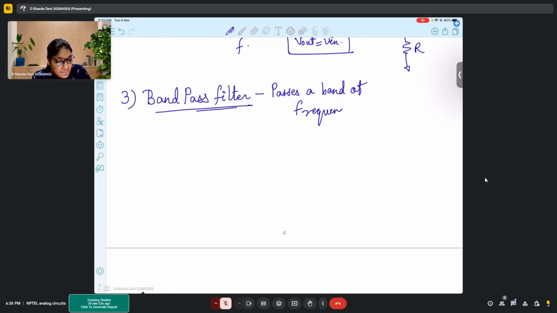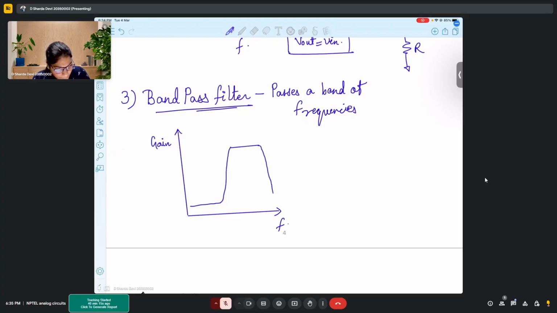That means it would block the remaining other frequencies. So if we talk about the frequency response, how it looks for a band pass filter, it is gain versus frequency. This looks somewhat like this. Okay, so this is the pass band.